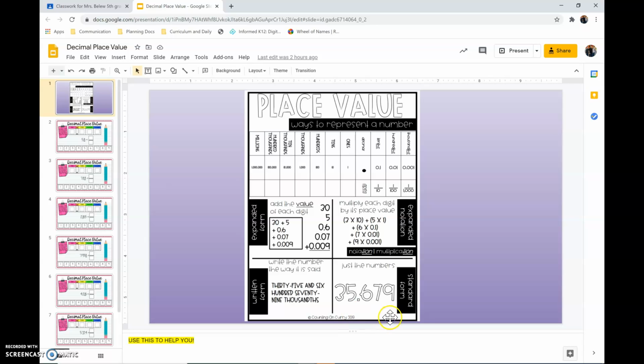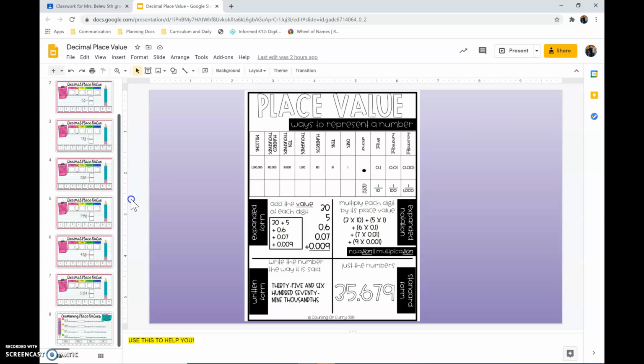Also, standard form and written form. Those are two items that you will be tested on, and we have spent 2 weeks on those two items. Standard form is the normal way that we see numbers written, and written form is the numbers written out in word form. So here's how you complete this.